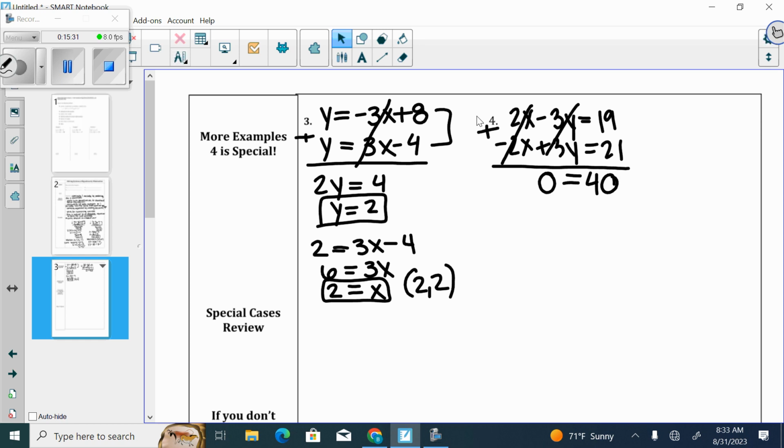But is that true? Does 0 equal 40? Okay, and so since we ended up with a false statement, we know that there would be no solution here. Very good. So, no solution, which we can always use the notation for here. Okay.